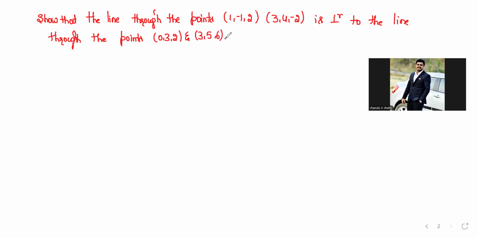My dear students, all of you should observe carefully. I will explain you very clearly. So now observe, the perpendicular formula is A1 A2 plus B1 B2 plus C1 C2 is equal to 0.